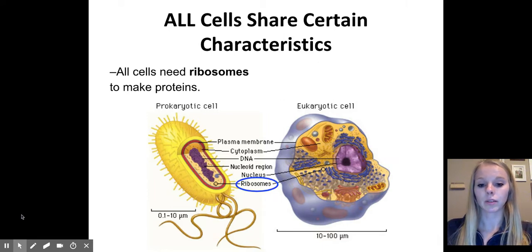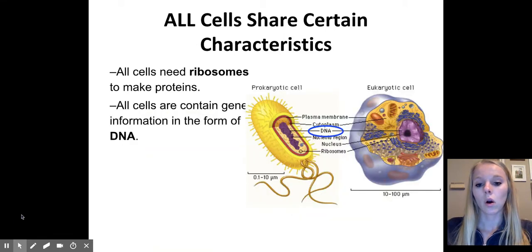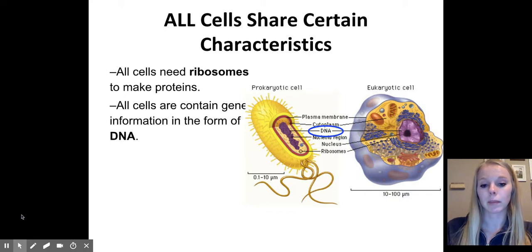Ribosomes are organelles without membranes, and they exist in the cells of all living things. All cells also contain genetic information in the form of DNA. This genetic information provides the ribosomes with instructions for making proteins. These proteins are used for building structures and controlling metabolism in all living things.